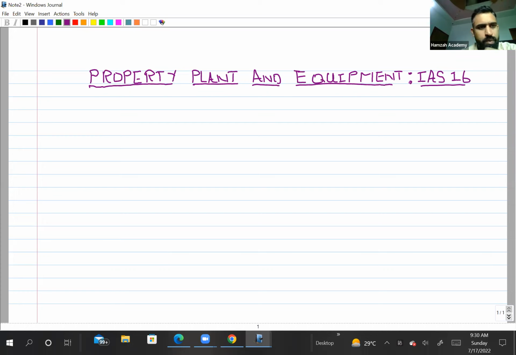Now, what is property, plant, and equipment, and what are we going to study in IAS 16? For that, we have to discuss the definition of property, plant, and equipment.